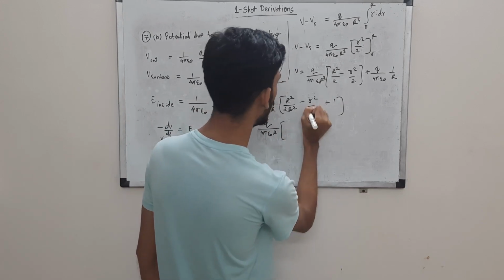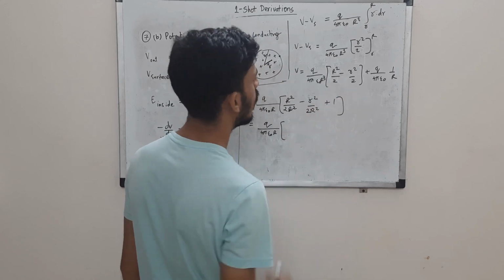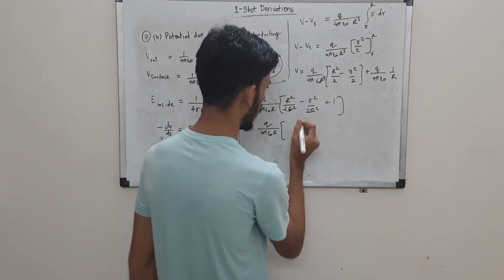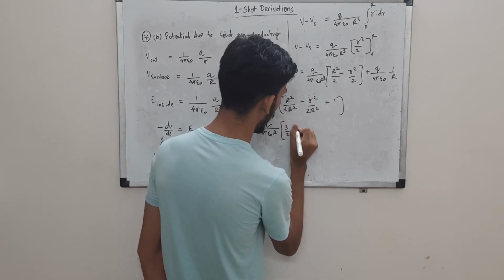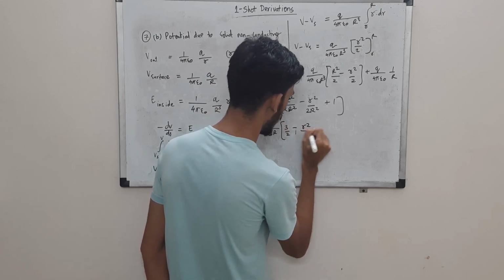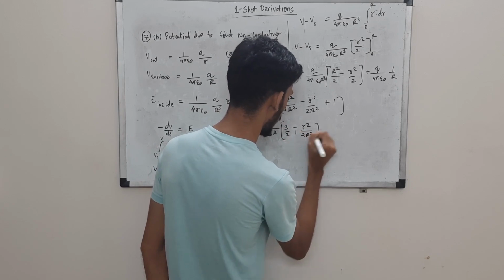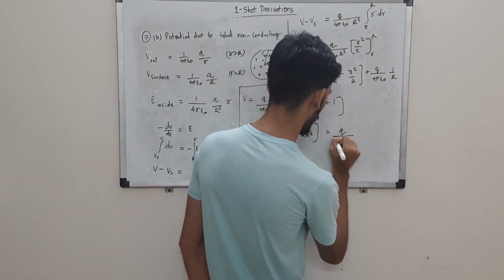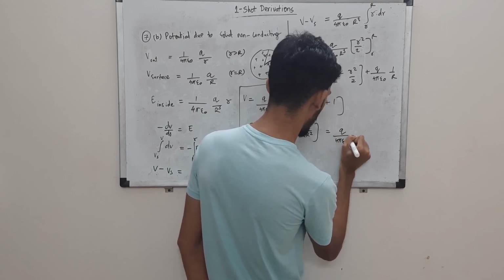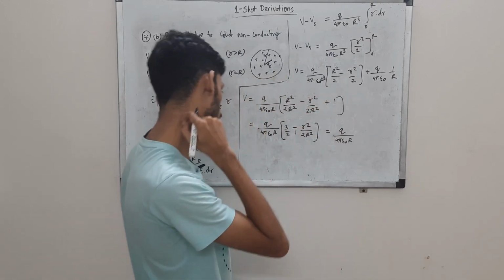And there is a 2 over here also. Yes, we are doing it correct. So this will be 3 by 2 minus r square by 2R square. Or I can write it in a more simplified format: q upon 4πε₀R. What will we do?